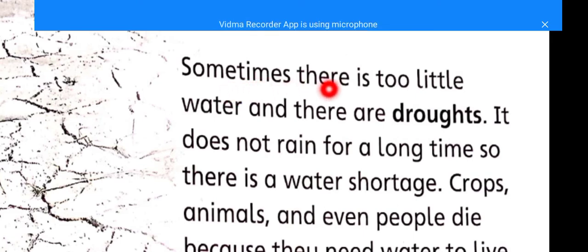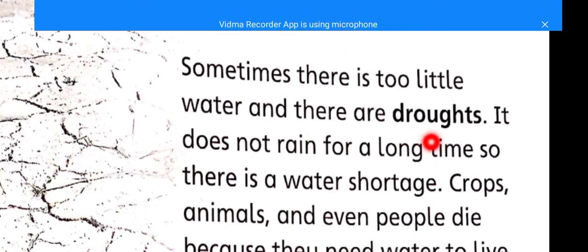Sometimes there is too little water and there are droughts. It does not rain for a long time, so there is a water shortage. So here they are telling us that if we are facing water shortage for a very long period, meaning there are no rains for months or years, then we can face this kind of condition which we can see in the picture, that is called droughts.